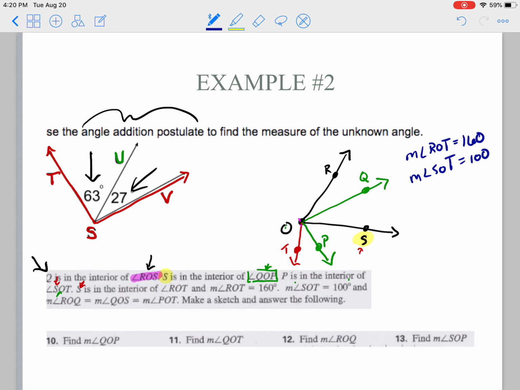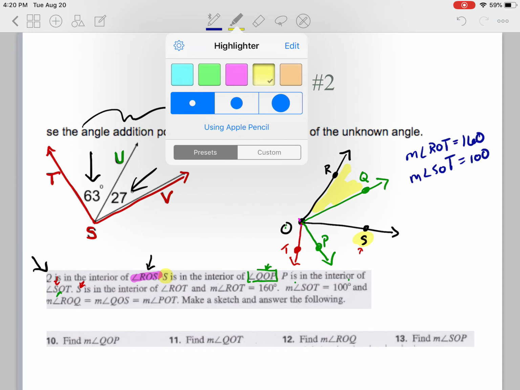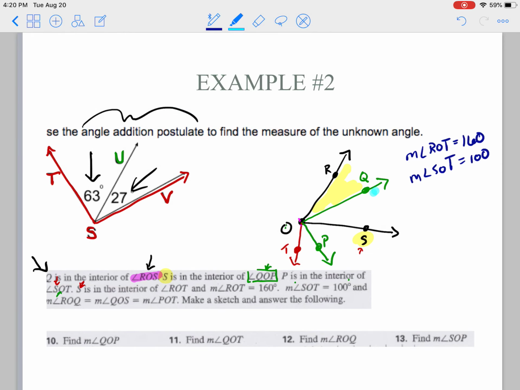And ROQ, this little portion in here, is equal to QOS. We know those two are equal. And it's also equal to POT. So those three, and I'm actually going to change this color so we know all three of those are equal. And so there is our sketch.